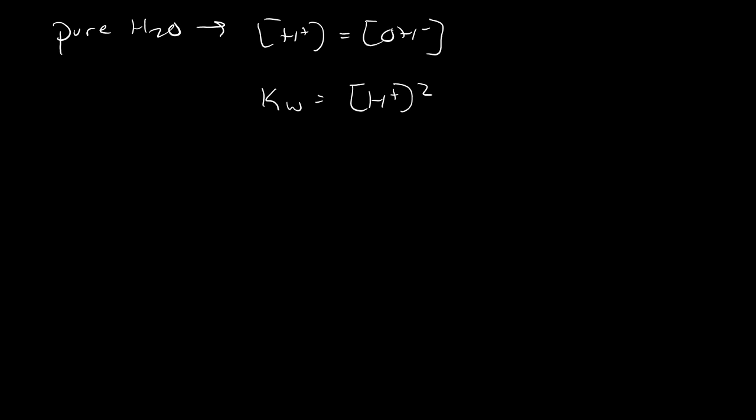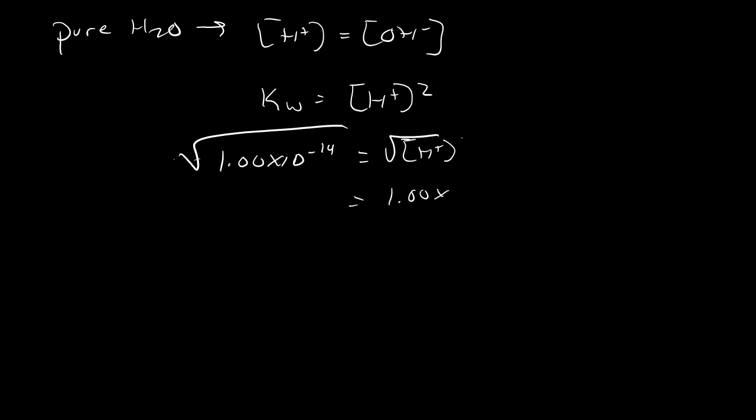So when we do that, we are able to square root: Kw is 1.00 times 10 to the negative 14th, and we can square root that to get the hydrogen ion concentration. That is going to give us a value of 1.00 times 10 to the negative 7th. And when we plug that into pH equals negative log of this value, our pH equals 7. And so that is why we say that 7 is neutral and water is neutral, but that is only pure water. Most water is actually a little acidic, but that is why we can say it's pure.